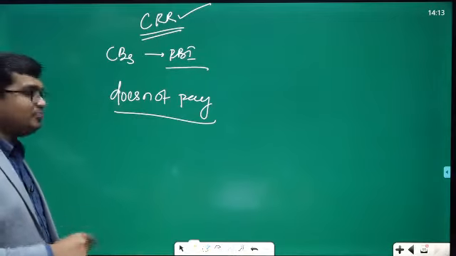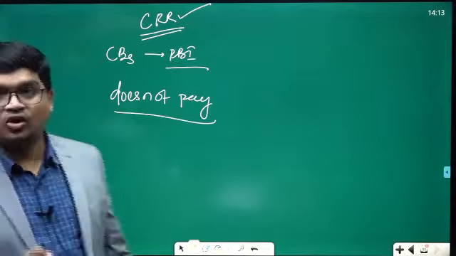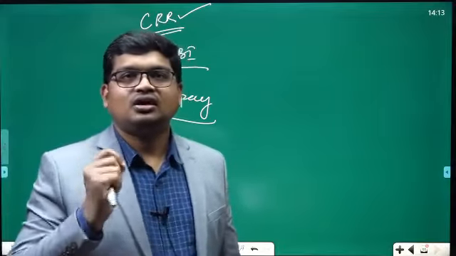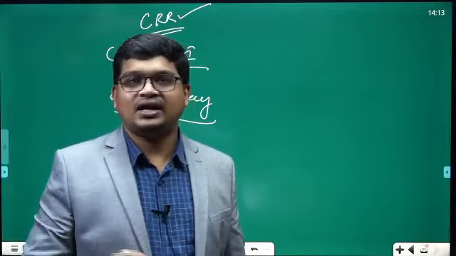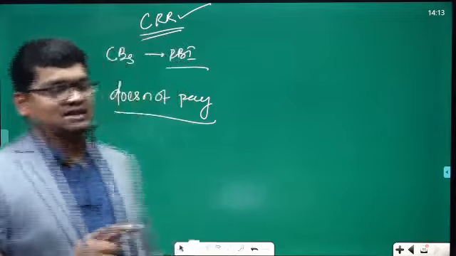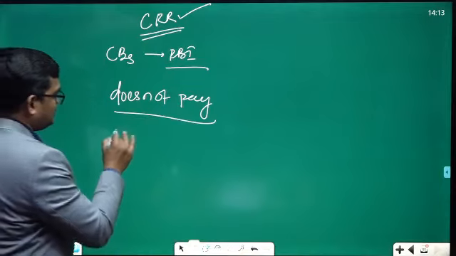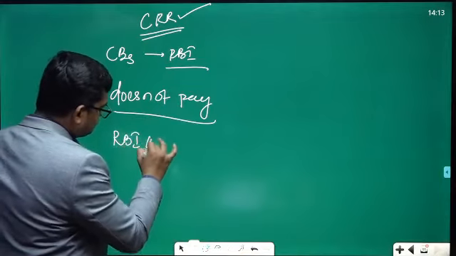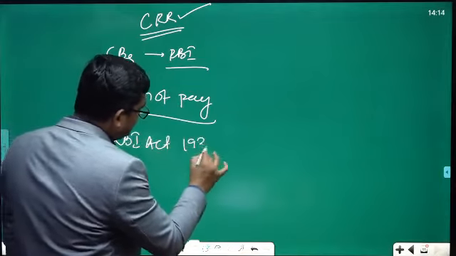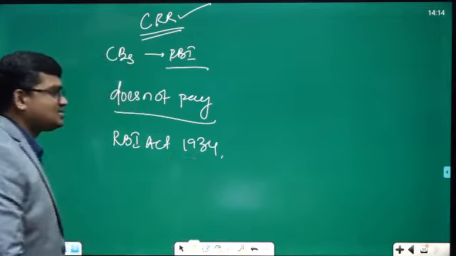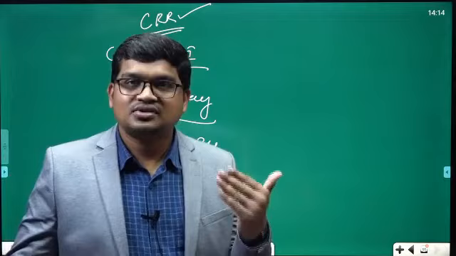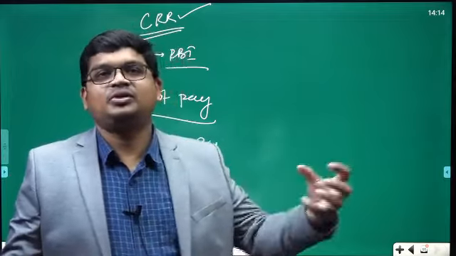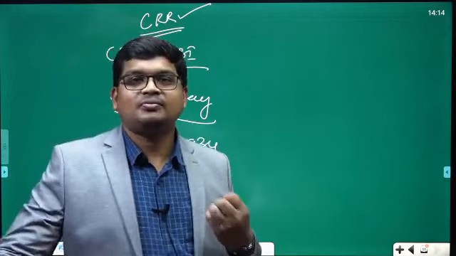Then you may ask, sir, what is the law which authorizes this CRR, that every commercial bank has to maintain? It is the RBI Act 1934 that authorizes that every commercial bank will keep some deposits with the Reserve Bank of India.